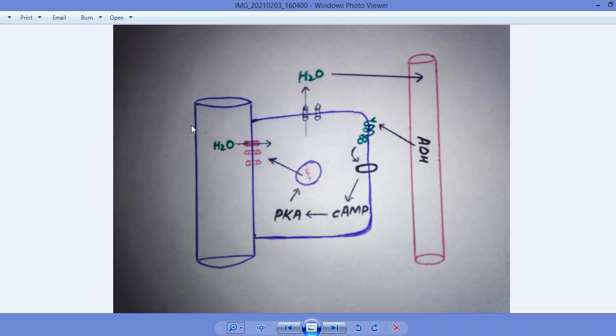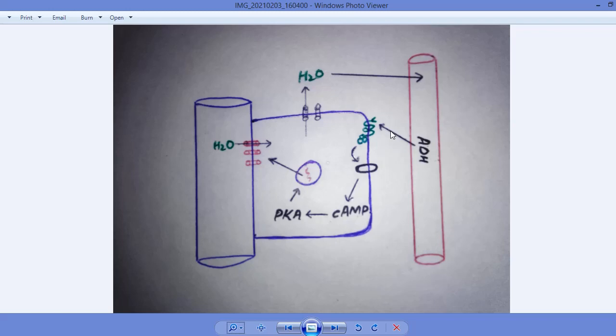For example, this is the sagittal plane of the collecting duct, which shows a cell on the side of the lumen of the collecting duct. This principal cell is in contact with the blood vessel, so from the blood vessel the ADH will be secreted to the interstitial space.